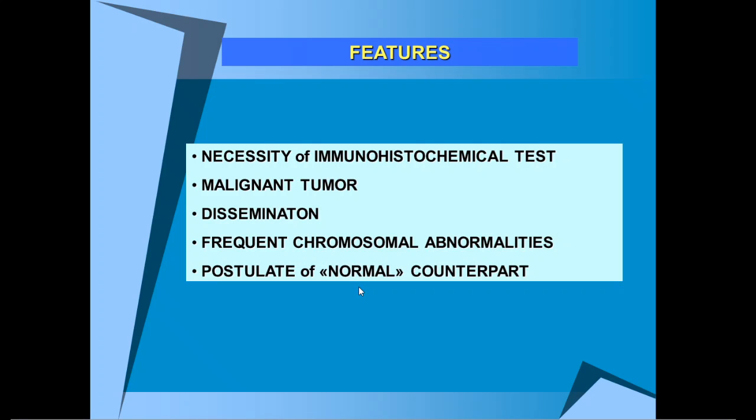Move on. Main features. You already know a lot of features of tumors, both malignant and benign. But the group of tumors called hemoblastosis has specific features. These features can help you to distinguish exactly this group from any other tumors.